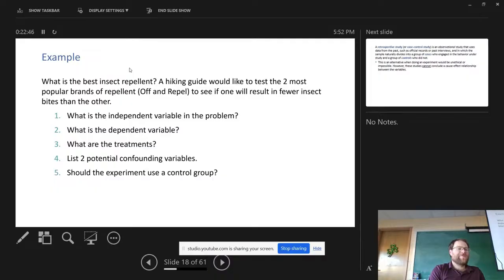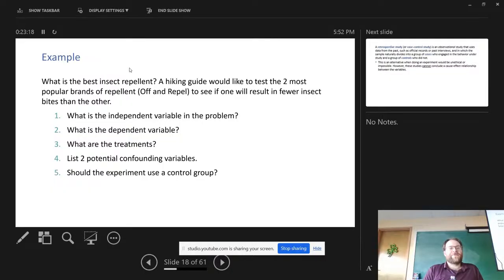So what are we controlling here for the independent variable? Is it the repellent? Yep, the brand of repellent.